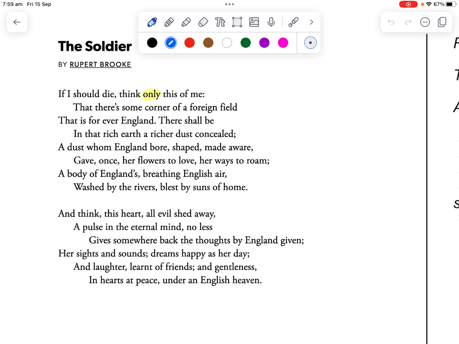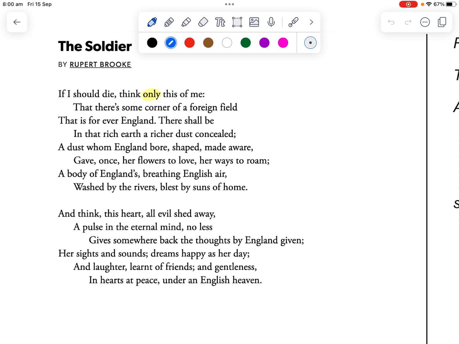If I should die, think only this of me, that there's some corner of a foreign field that is forever England. There shall be in that rich earth a richer dust concealed, a dust whom England bore, shaped, made aware, gave once her flowers to love, her ways to roam, a body of England's breathing English air, washed by the rivers, blessed by the suns of home.